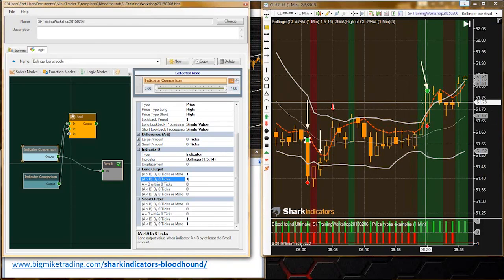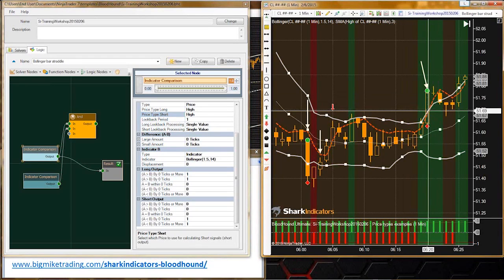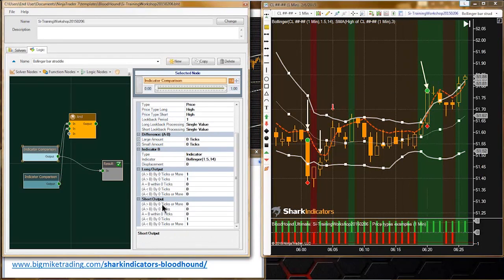And for the short signal, the high price is going to be above the upper band. So for the short signals, once again, A, which is the high price, is going to be greater than the band. So I need to set this to 1 and set these to 0.